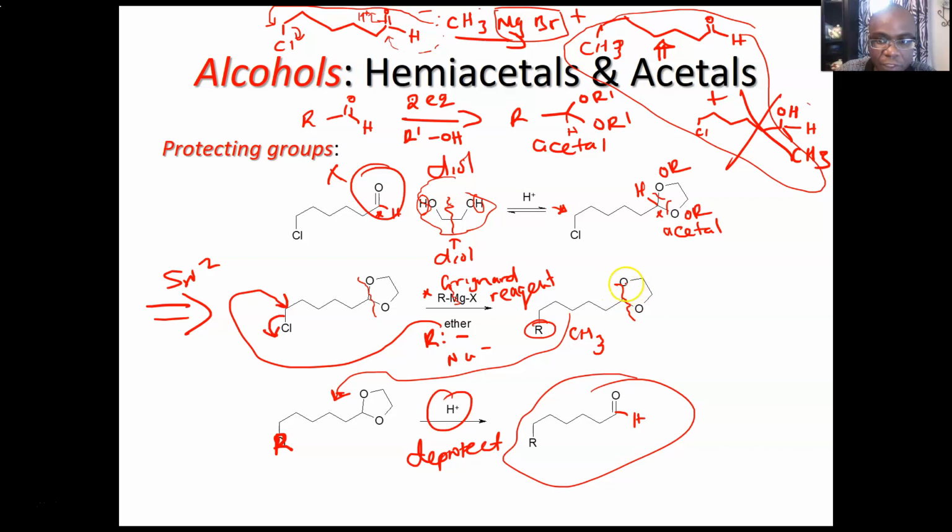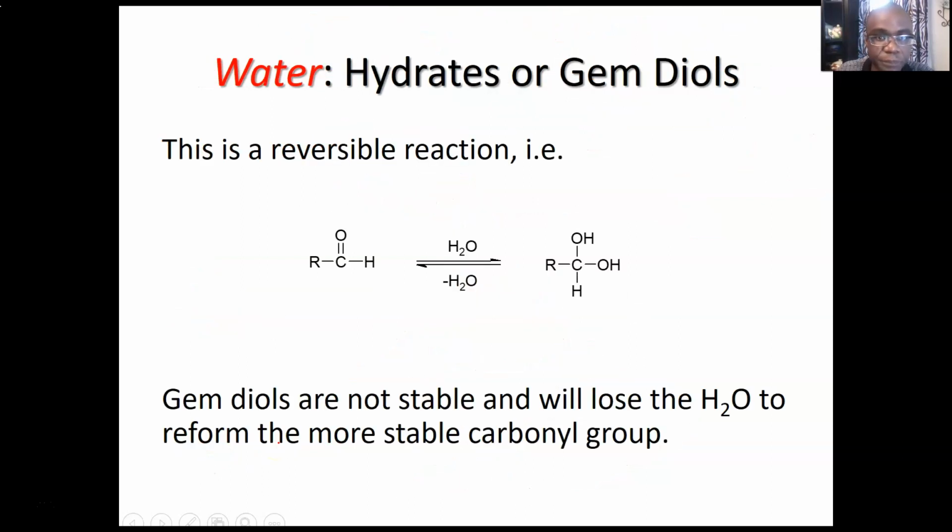And now you want your aldehyde back, so you take this product and then add an acid catalyst for deprotection. So this is the deprotecting step. You lose the cap, you lose the protecting group, you get back your carbonyl. The mechanism for this step, I think, is way beyond your scope.